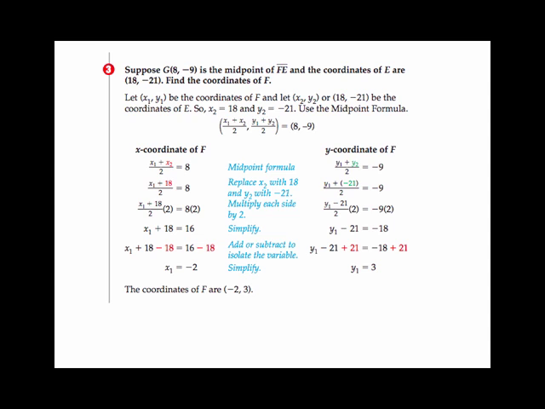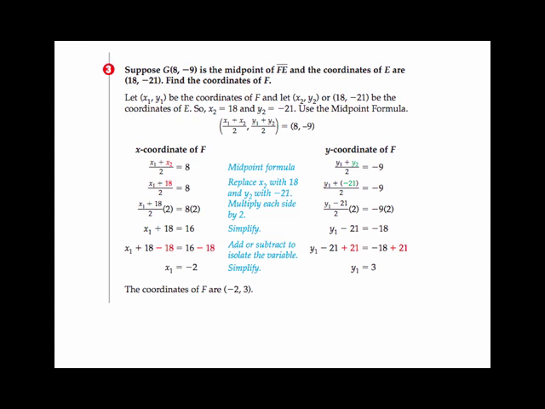We're still going to use the same midpoint formula, and I'm going to plug in the values that I know. So in solving for the x coordinate of F, I'm going to take x1 plus x2 and divide it by 2. We know that the answer should be 8. I don't know the value of x1, so I'm just going to leave it as x1. I'm going to substitute 18 in for x2.